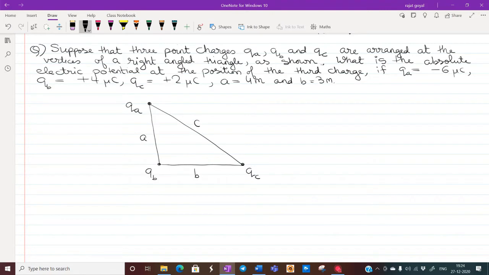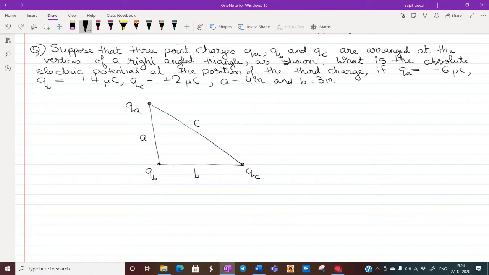So we can see another question. This question says that three point charges QA, QB, and QC are arranged at the vertices of a right angle triangle as shown. The figure is given to us.